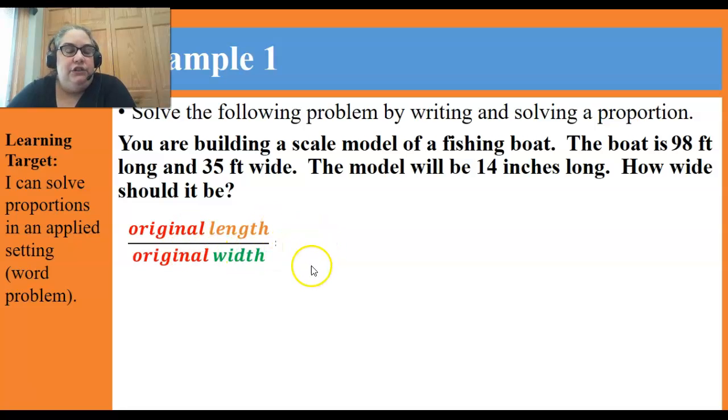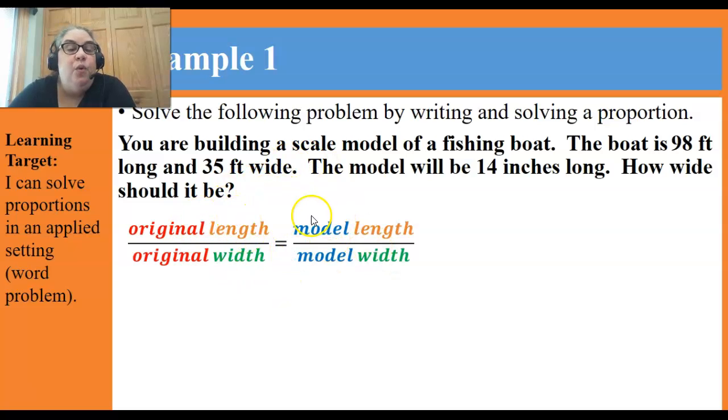And I need to compare that to what's going to be happening in the model. So my second ratio is going to be about the model information, but I do need to make sure that I keep length to width. So my next ratio is going to be the model length to the model width. This is one way that you can set up your proportion.